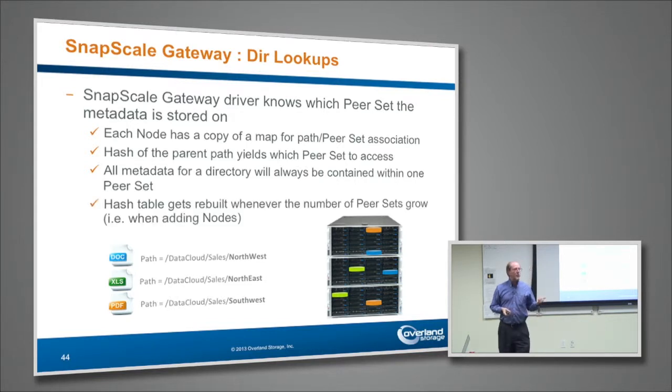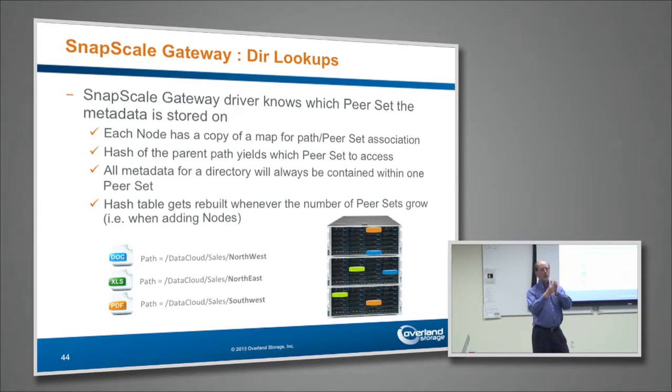The challenge here comes when you start adding more peer sets, because now your hash table has changed. And so when that happens, we do have to do a re-indexing. What you'll see when you add a couple of nodes to your cluster, or you add any more peer sets to your cluster, is that we're going to go in the background and say, oh, you've got more peer sets. That means I can spread my directory structures out more across the hash.